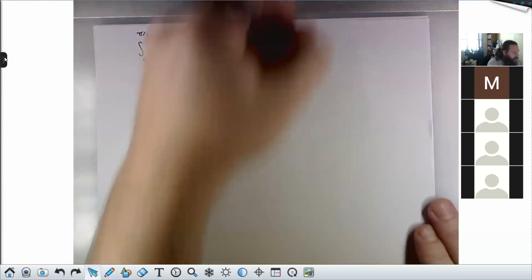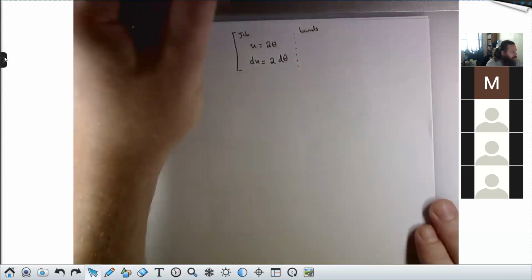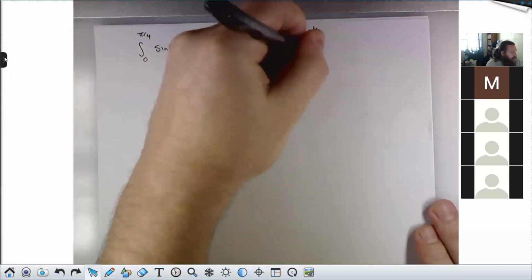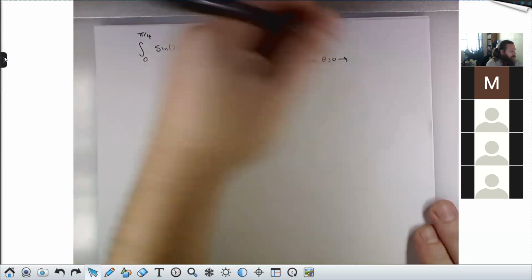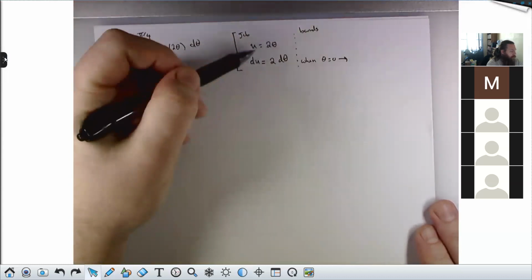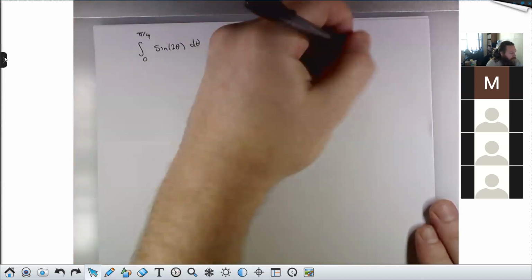We have to change the bounds. When theta is equal to 0, I plug 0 in for theta here, u would be equal to 2 times 0. Well, 2 times 0 is still 0.